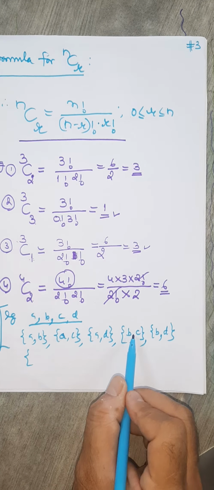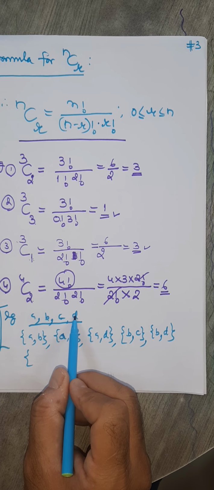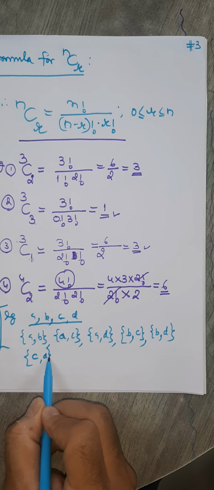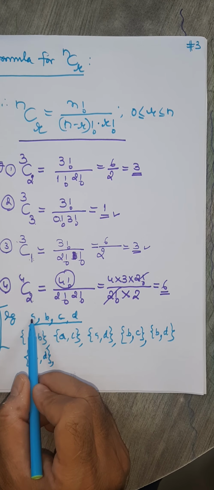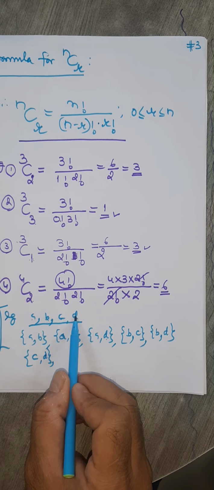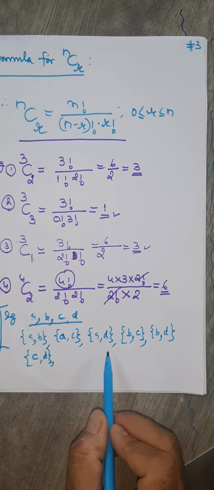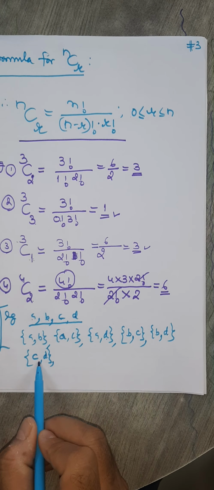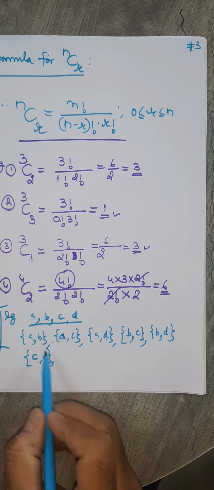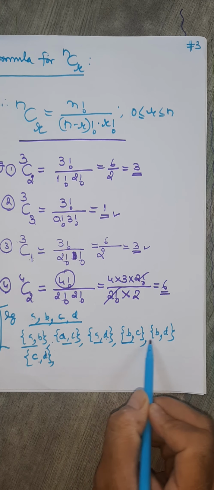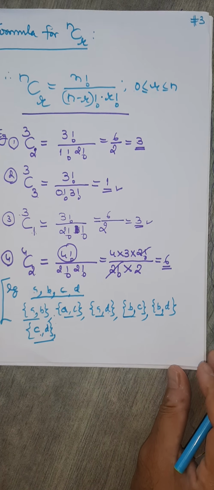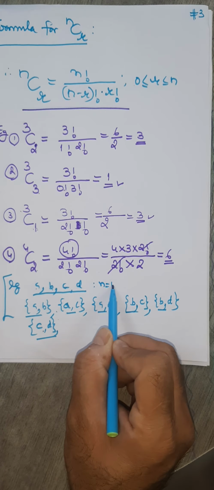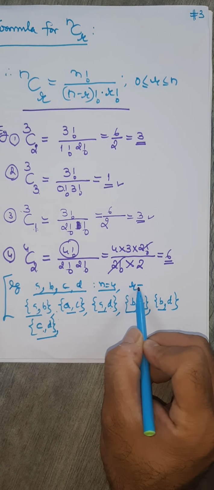Can I take CB? No, because BC is already there. Can I take CD here? You can see that CD or DC is not there. So CD. Then can I take DA? No, because AD is there. Can I take DB? No, because BD is there. Can I take DC? No, because CD is there. So you can see 1, 2, 3, 4, 5, 6. How many selections could you find out of a total of 4 objects taking 2 at a time?